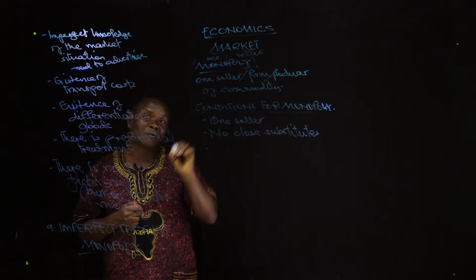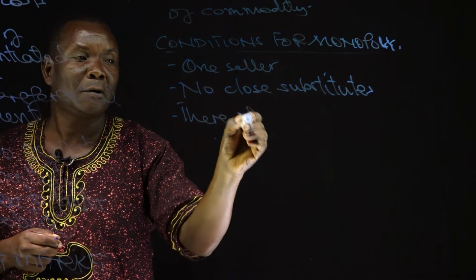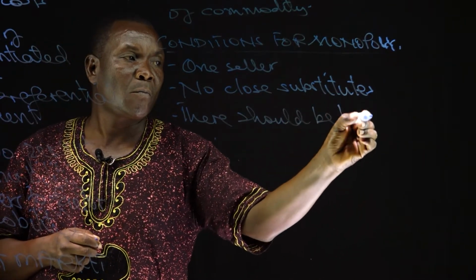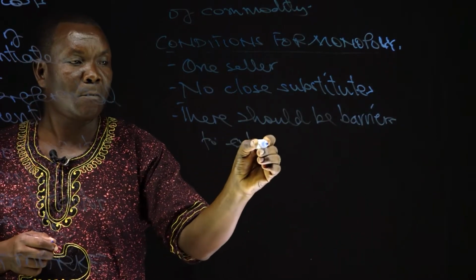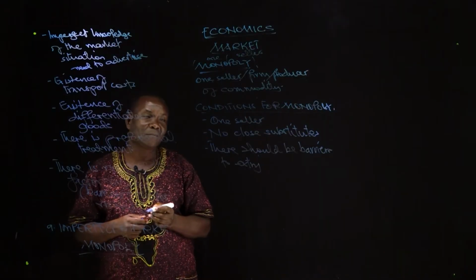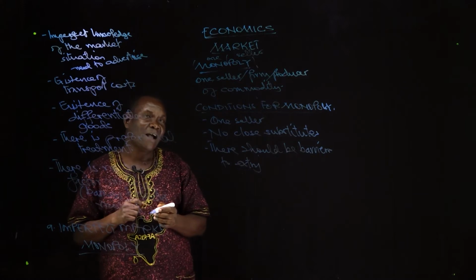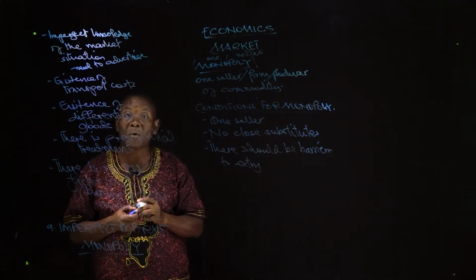For a single seller to exist, there must be barriers to entry. Other new firms, other producers are not free to produce the commodity which is being produced by the monopolist.